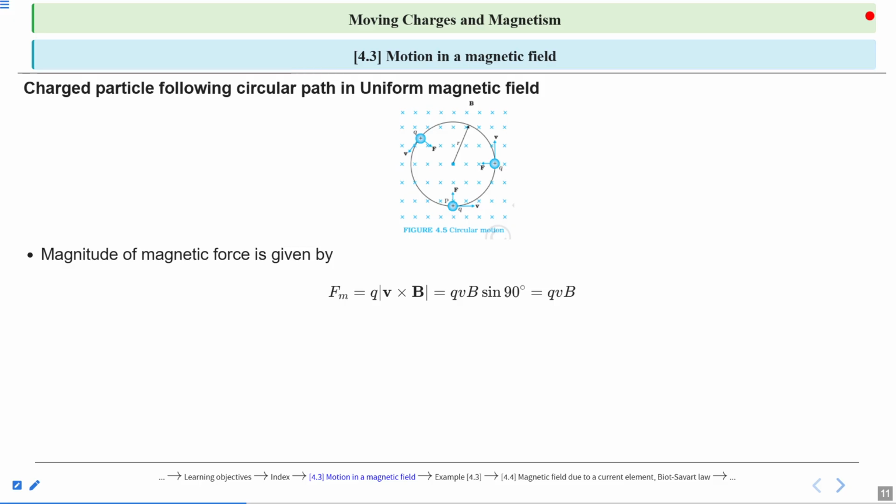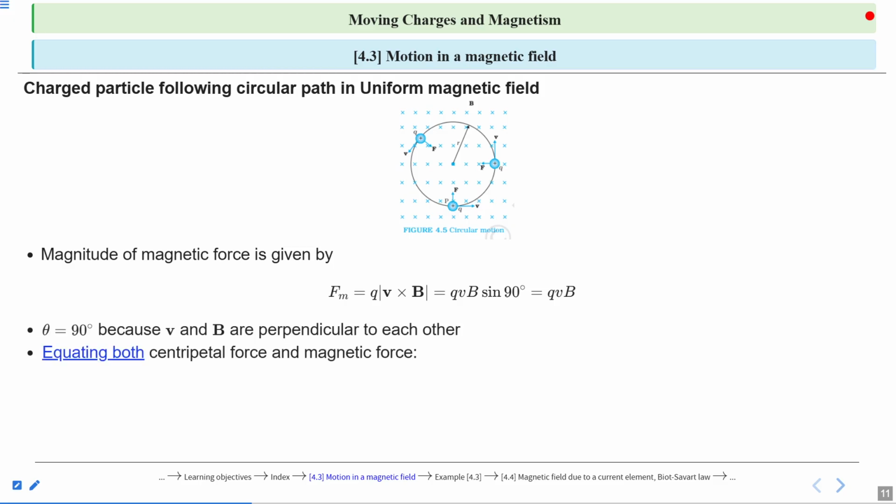The magnetic field is directed perpendicular to the plane of paper and inside, and the direction of velocity is in the plane of paper, so both are perpendicular. Sine 90 degrees is 1, so the magnetic force is qvB.